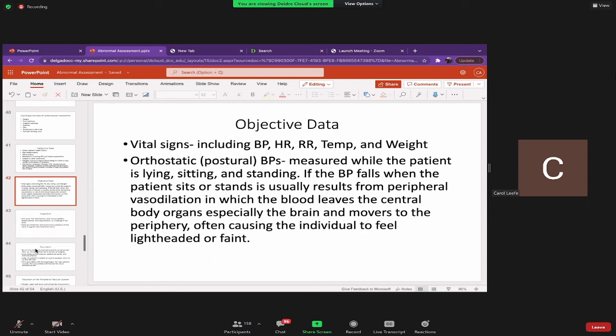From A&P, remember, we had those receptors. Valves and the receptors that cause some vasoconstriction keep our blood where it needs to be within our body. If those are insufficient, then the blood can drain from the head, and that's what causes the dizziness, the lack of perfusion. So you need to get them in a more recumbent position to allow blood flow back to the brain.